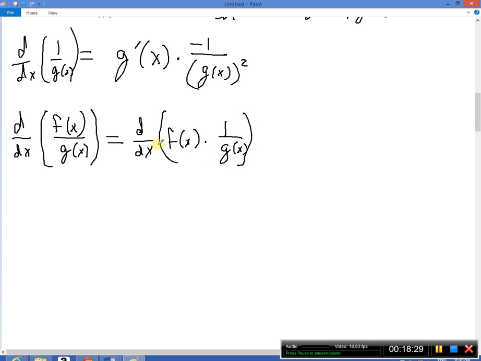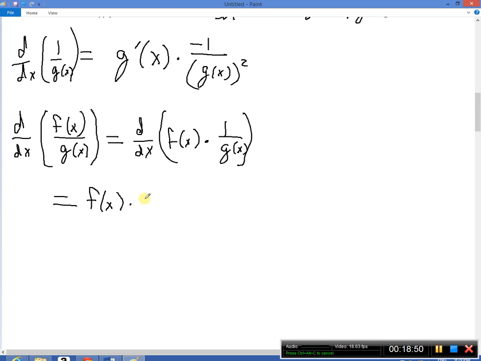And how am I going to take the derivative of this? Two words, the product rule. So the product rule tells me that to take the derivative of the product of these two, it's going to give me the first times the derivative of the second. What's the derivative of 1 over g of x? I just did it. So I can just copy this.